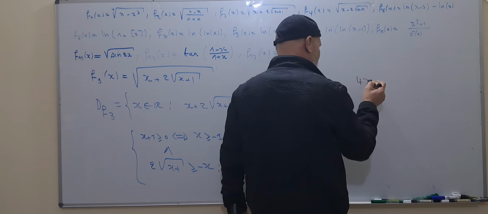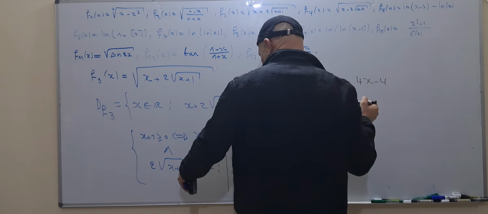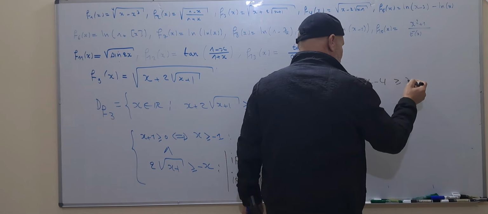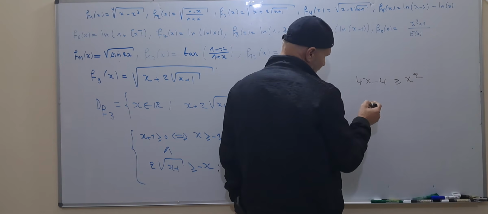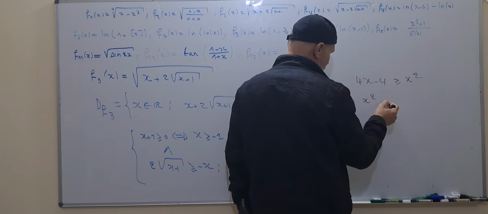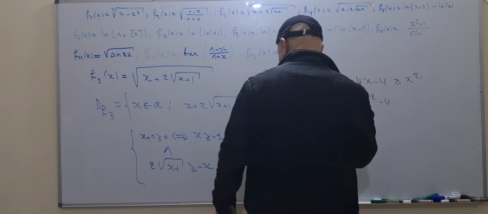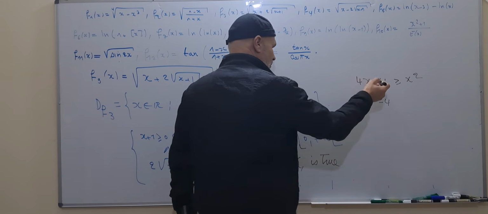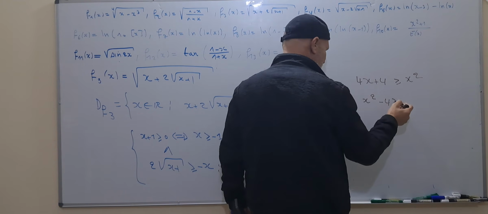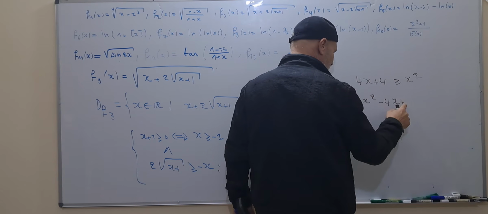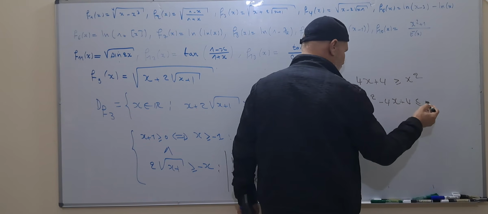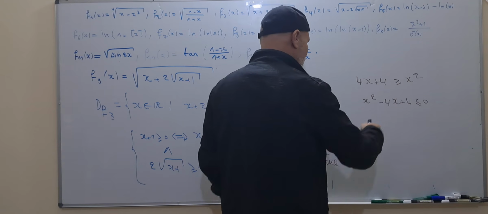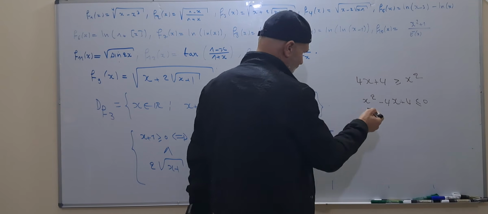We get 4x minus 4 greater than or equal to x square. This means that x square minus 4x minus 4 less than or equal to 0. So we have to solve this inequality.